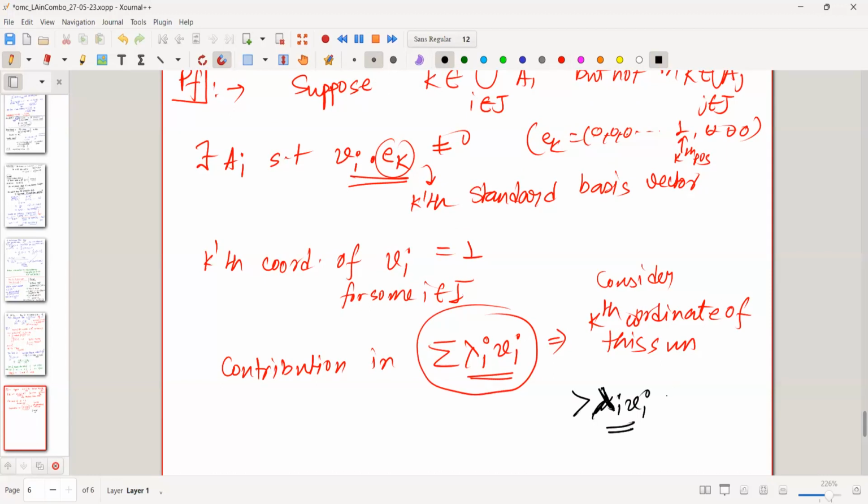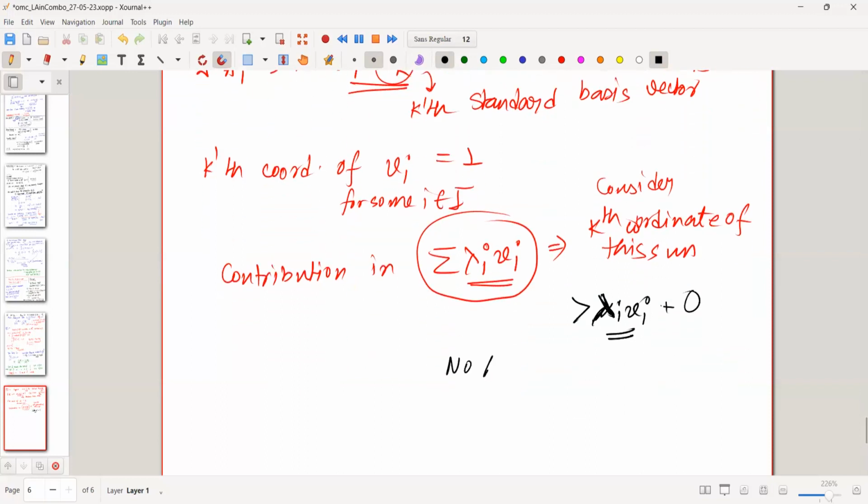It is at least 0 for the ones whose lambda is 0, and then there might be some with lambda j which is negative, but I know that there are no Aj's containing k.